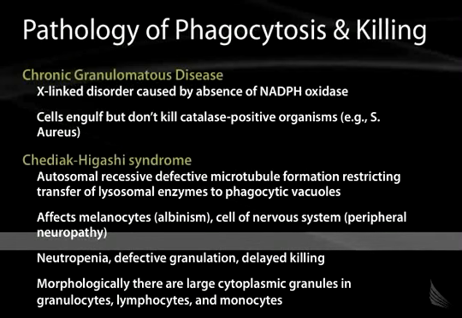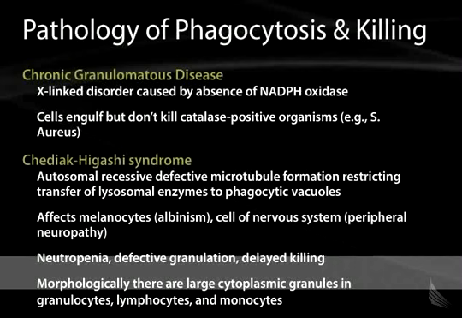But what you get is a neutropenia, defective granulation, and delayed killing of organisms, so they get chronic infections as well. What you see morphologically are large cytoplasmic granules in the granulocytes, the lymphocytes, and the monocytes, which are granules that never do their job. They just accumulate material because they're defective in killing.